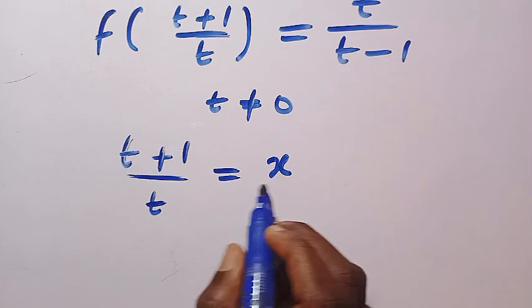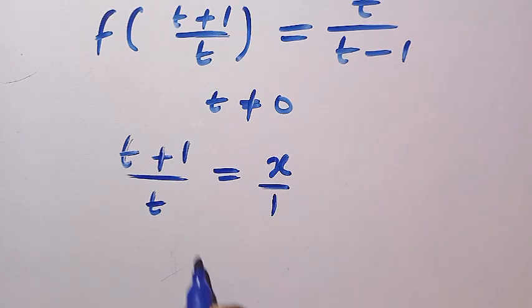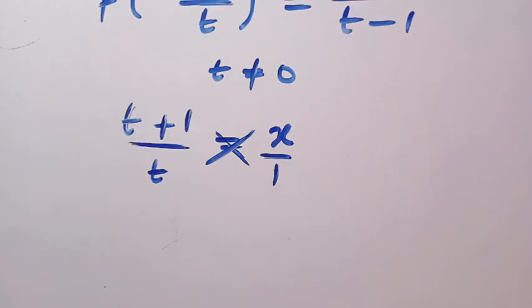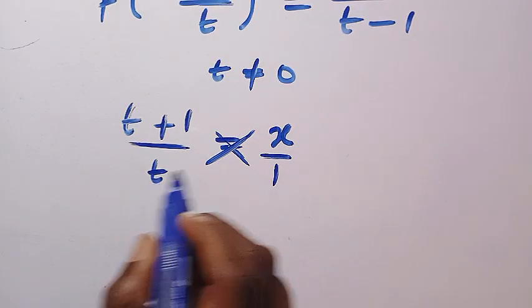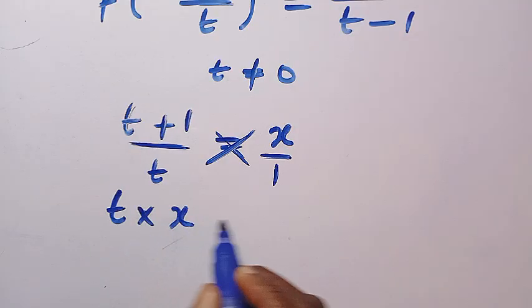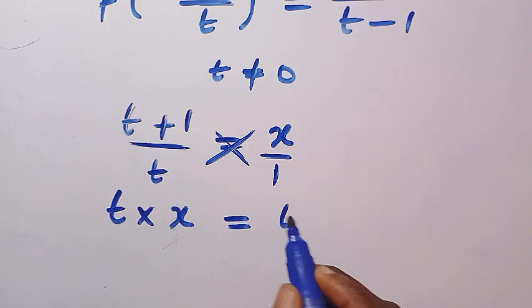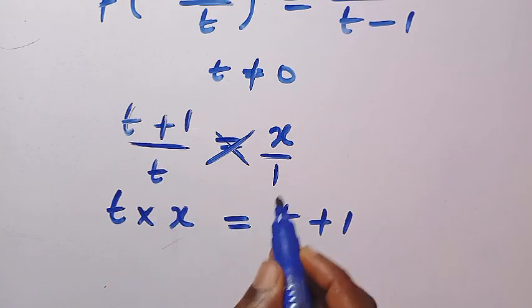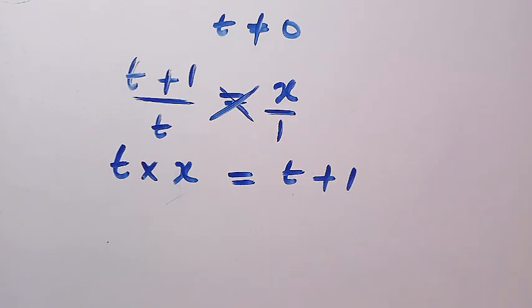What I do is divide this by 1 and cross multiply. By multiplying, we have t times x equals t plus 1 times 1, and t plus 1 times 1 is also t plus 1.